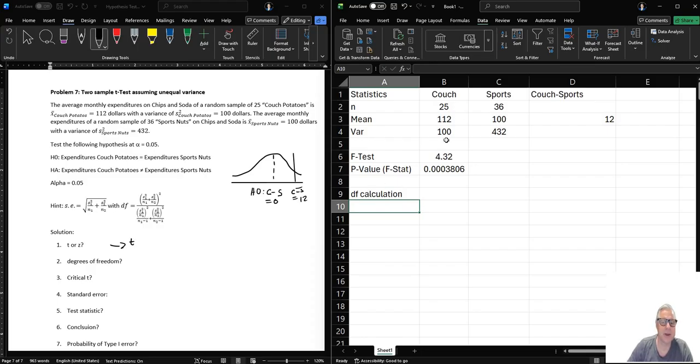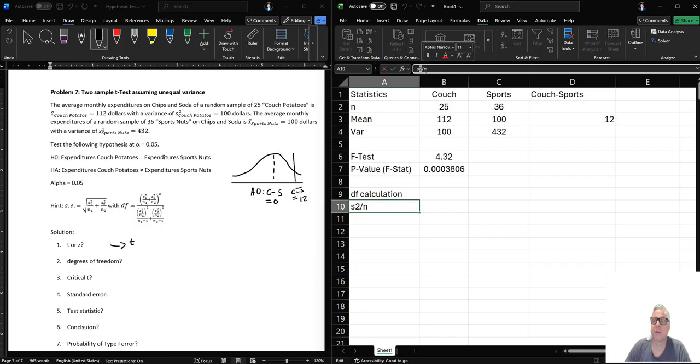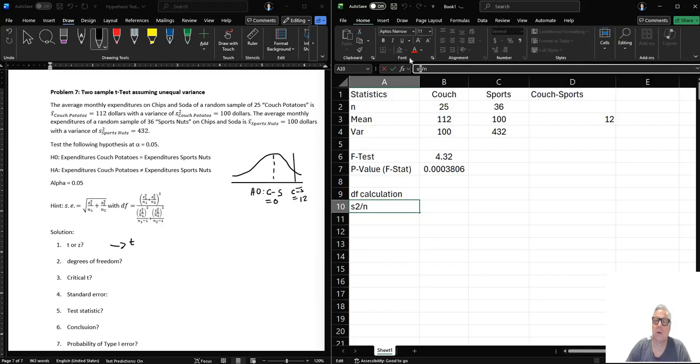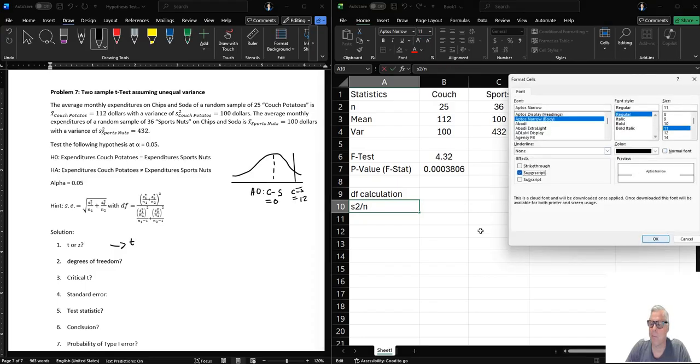And the first thing I do is I calculate for the couch potatoes and the sports nuts the ratio of the variance to the sample size, which is s squared divided by n. And then I make sure that it reads as squared, so I highlight the 2 and I go to 4 and I superscript it.